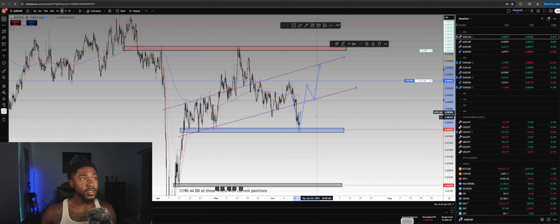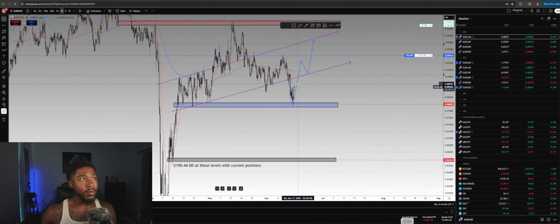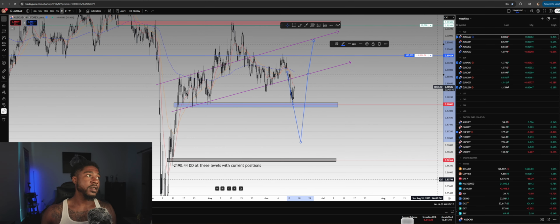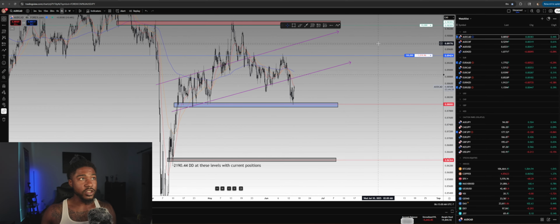If not, I'm looking for this to start dropping to new lows so I can start scaling in more. But I need a fundamental backup, like some weak Canadian news or some strong Australian news, so I can scale into this trade nicely.